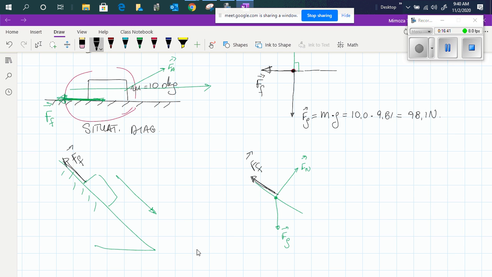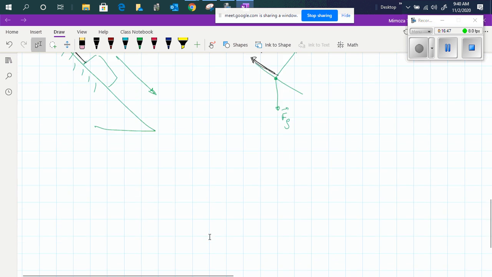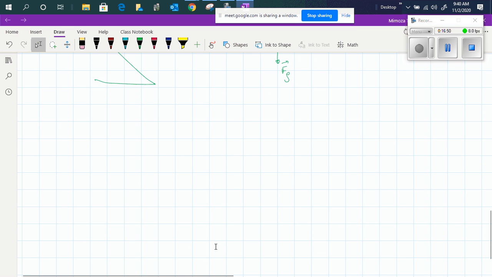Another force that we discuss a lot in dynamics is known as the tension force. The tension force exists when the object is tied with a string. The assumption that we are making here is that the string doesn't have any elasticity. That means that the tension on each section of the string is the same in magnitude.